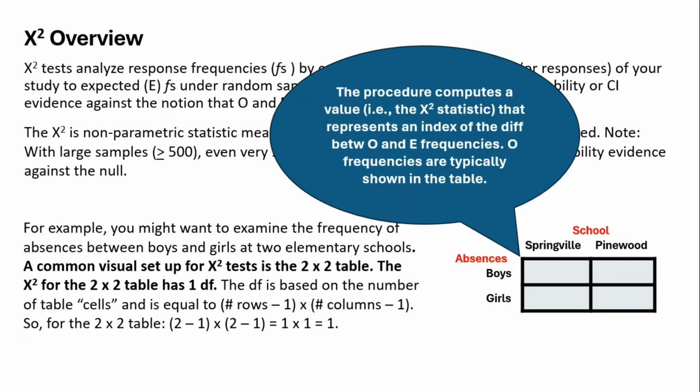The O frequencies, or the observed frequencies, are typically the ones shown in this table down below. Oftentimes you see computer programs put both the observed and expected frequency in each of the 4 cells, but usually you see just the observed frequencies.